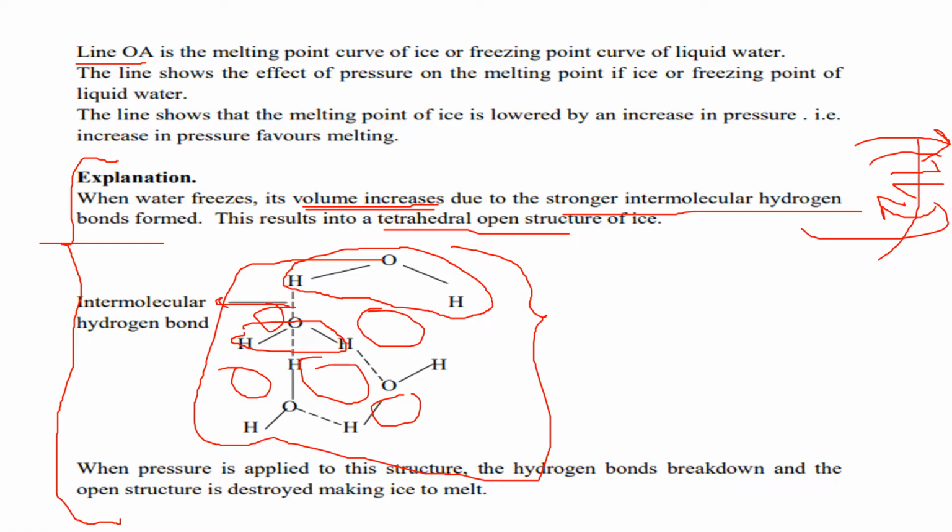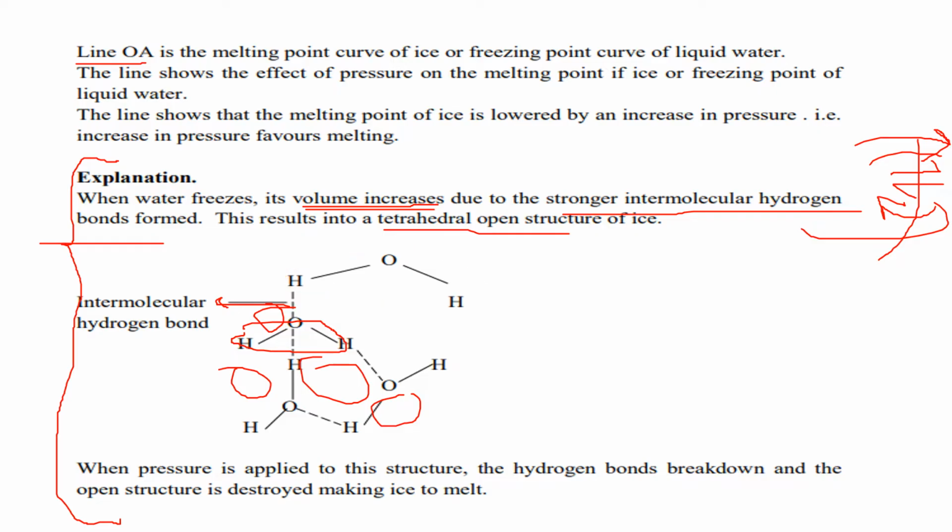Now what happens when you apply pressure to this structure that we created? When you apply pressure, these intermolecular hydrogen bonds are going to be destroyed. They are going to be broken, and once they are broken, these air spaces are going to collapse also. So that means that water is going to melt.